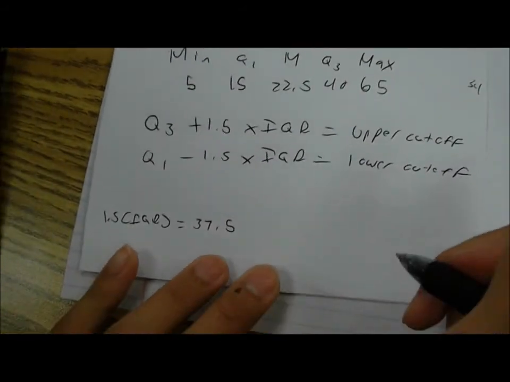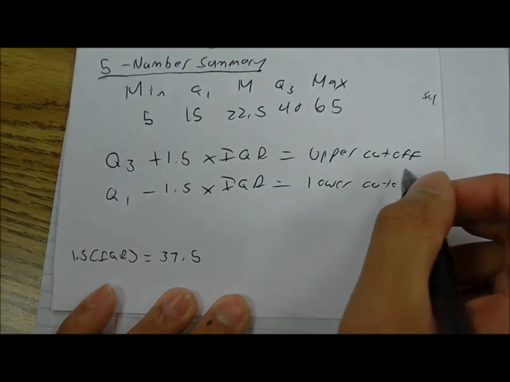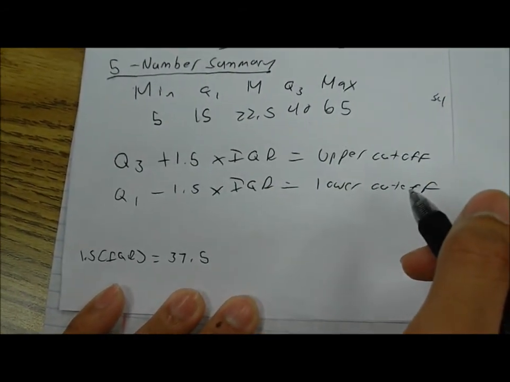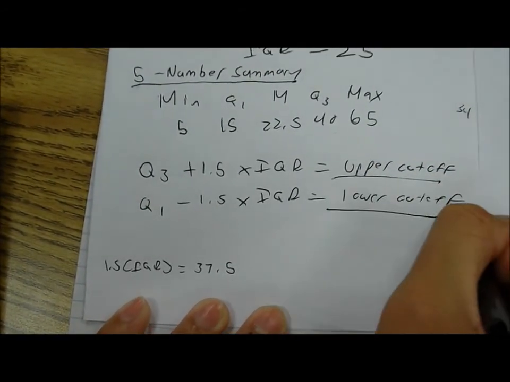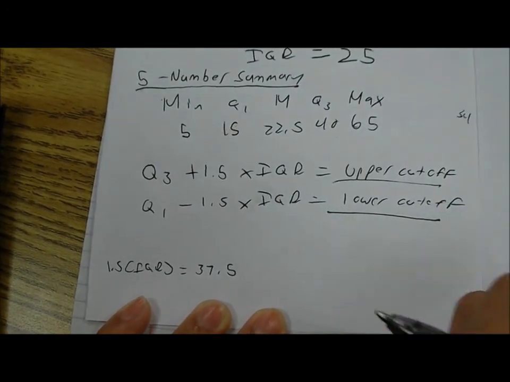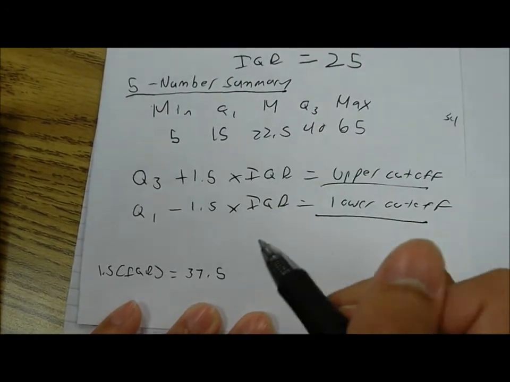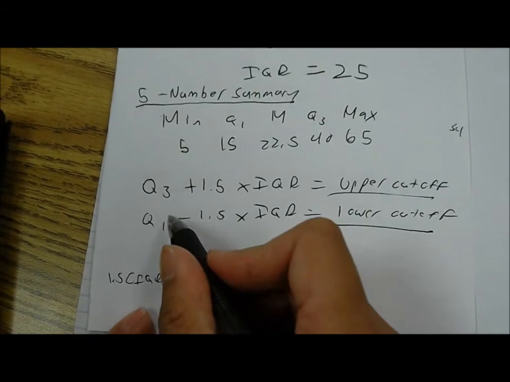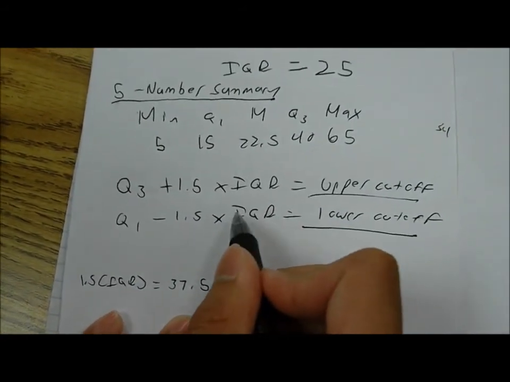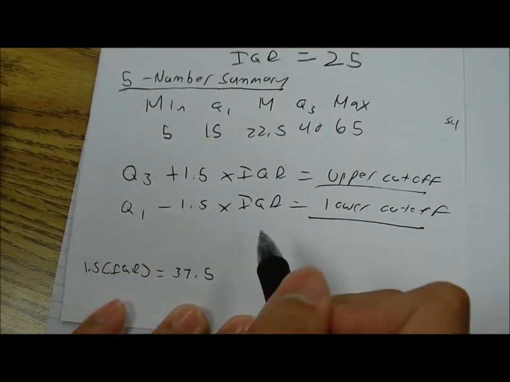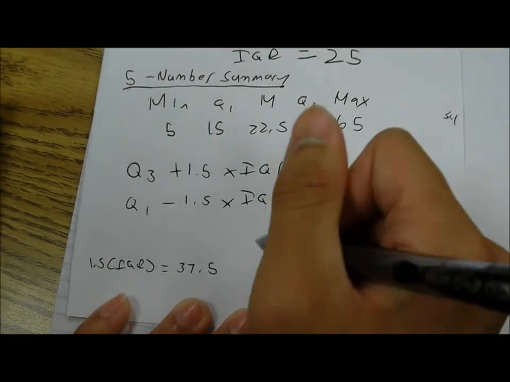In order to find outliers of a set of observations, we would find the upper cutoff and the lower cutoff using the IQR and the quartiles. The upper cutoff would be Q3 plus 1.5 times IQR. The lower cutoff would be Q1 minus 1.5 times IQR.